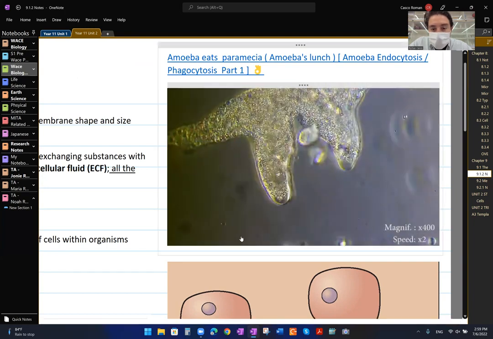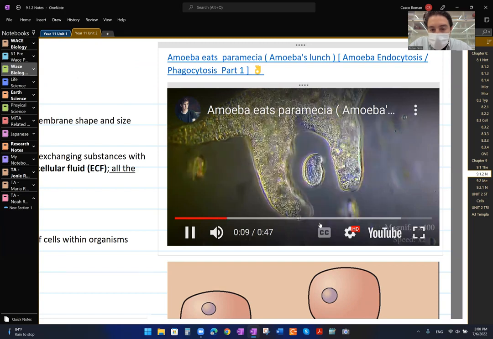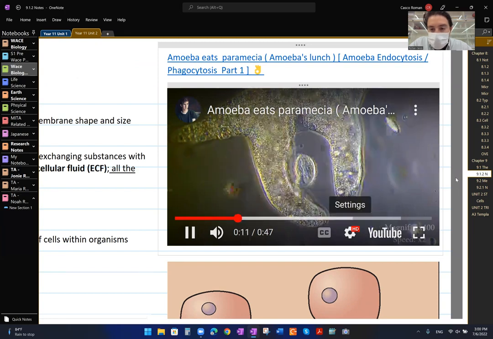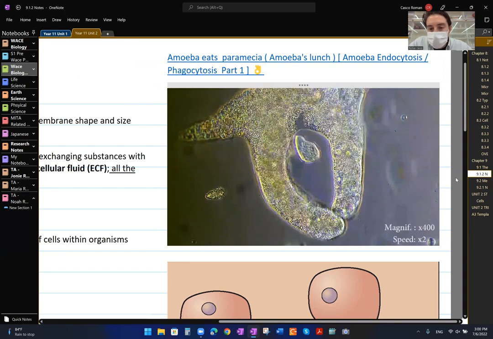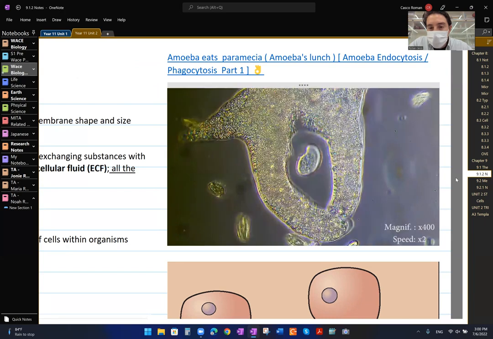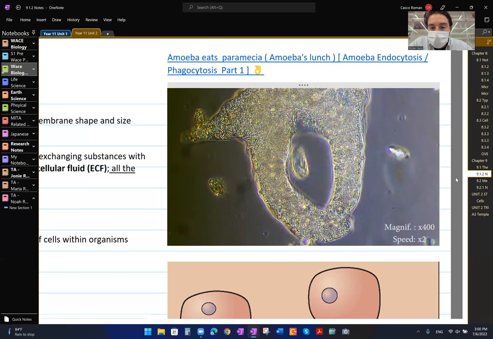You see how the cell membrane is extending, as the amoeba is moving along, creating temporary arms, extensions to try to trap a food particle, another organism.